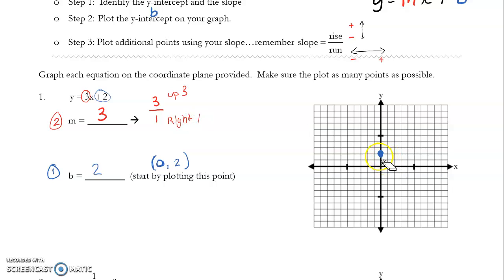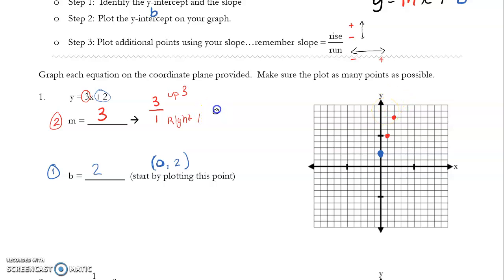So from my beginning point, my y-intercept, I'm going to move 3 up, 1 right, plot a new point. That's a pattern. I want to continue that pattern. 3 up, 1 right, plot a point. I can't go 3 up anymore, so I'm going to stop.